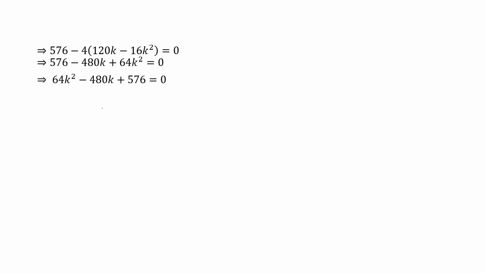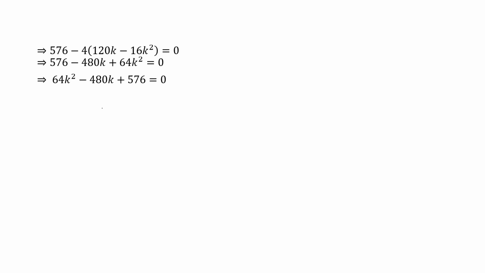This is where we got to: 576 minus 4 times 120k minus 16k squared is equal to 0. When we compute this, we get 576 minus 480k, you see, minus 4 times 120k gives minus 480k, plus 64k squared. Negative times negative will give us positive. Then we can rearrange it to make it nice: 64k squared minus 480k plus 576.